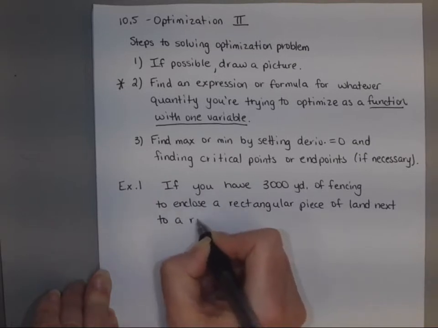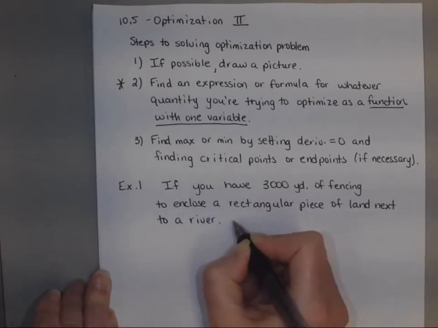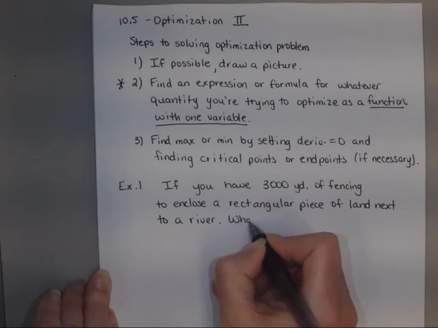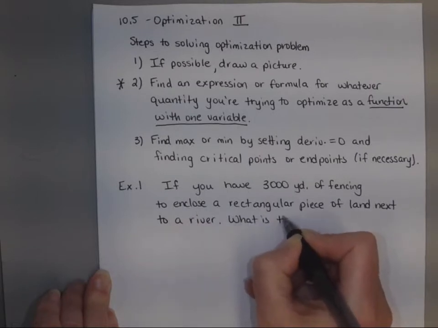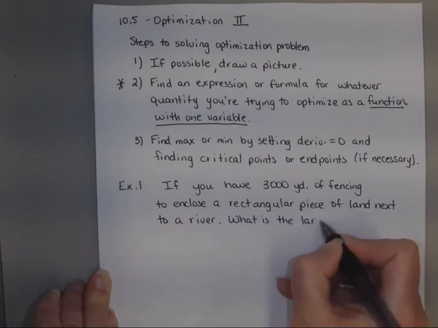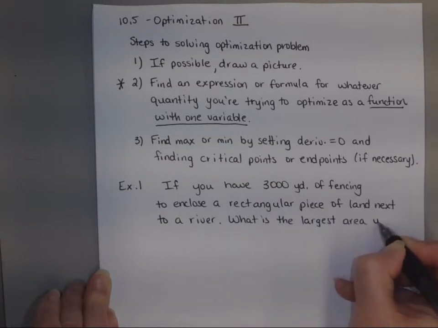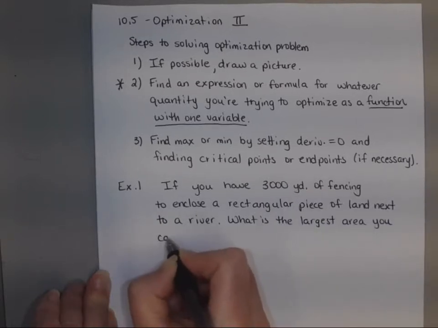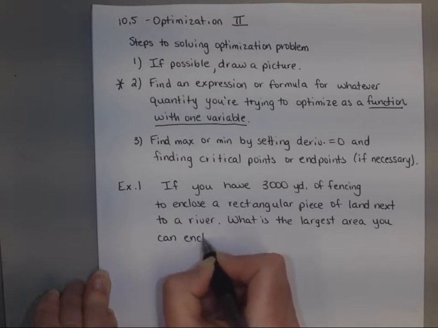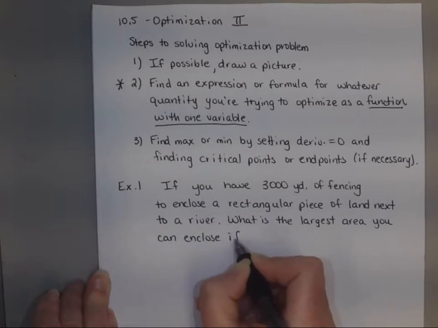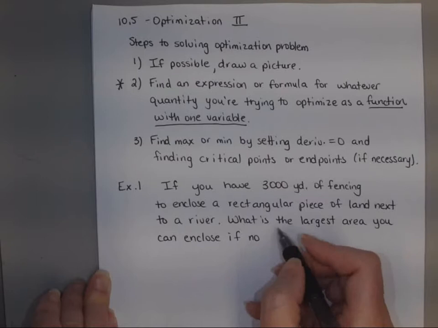And let's say that it is bordering a river. And I want you to tell me what is the largest area you can enclose if no fencing is put at the riverside.